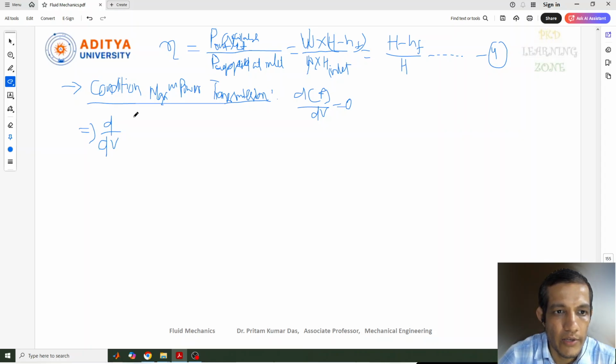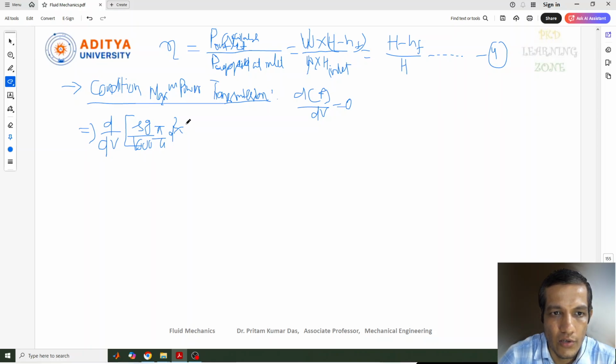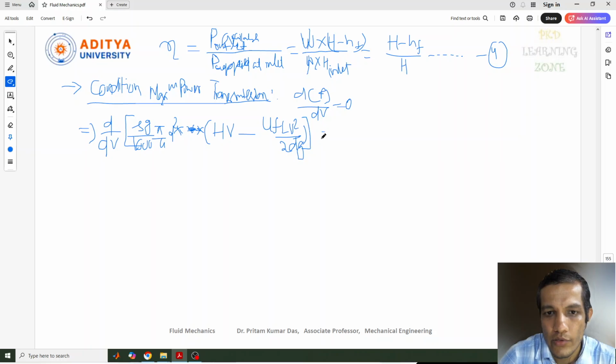The power equation we got, let's mark it in a square bracket: rho g by 1000, then the area pi by 4 d square, into V into H, or we can give HV here, minus the loss 4FLV square by 2DG, bracket close, square bracket close, equal to 0.